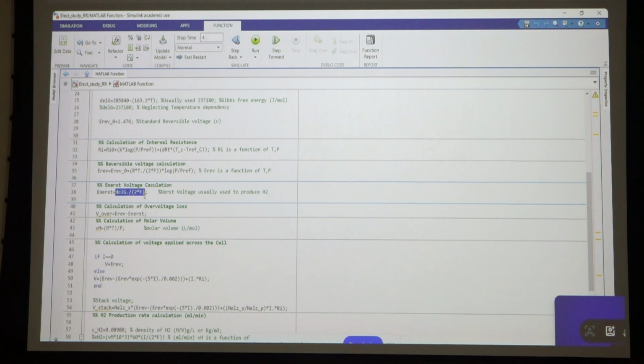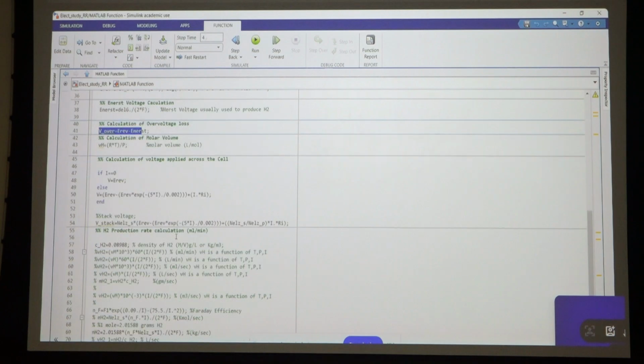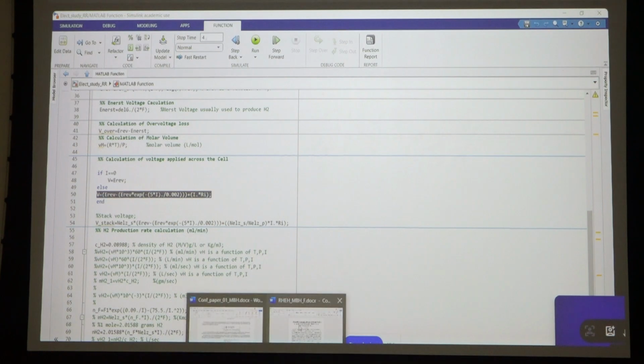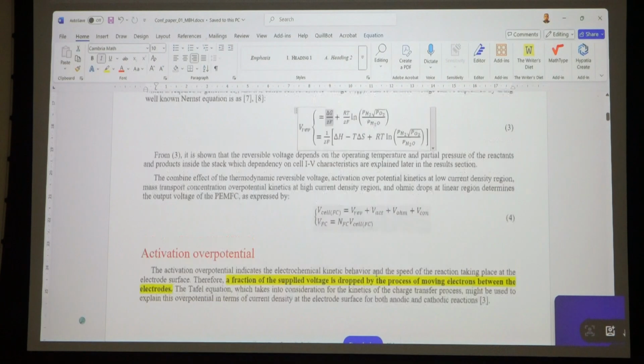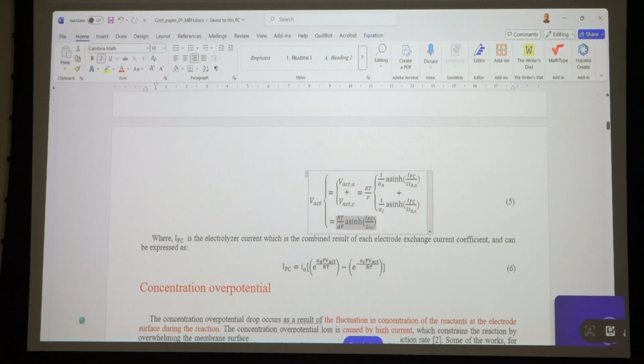For hydrogen the compound is H2, so the number of hydrogen atoms is 2. So this is that value. This is the equation for the overvoltage potential drop. If we go through these equations again, these are actually simple things. It will take some time, but it's not that difficult to do.